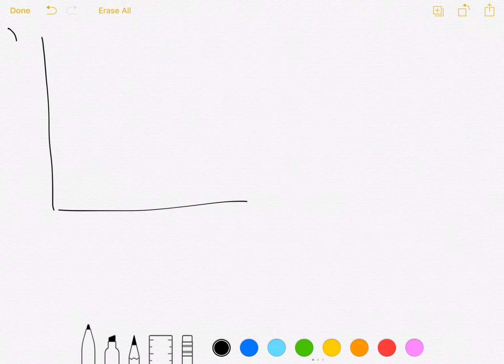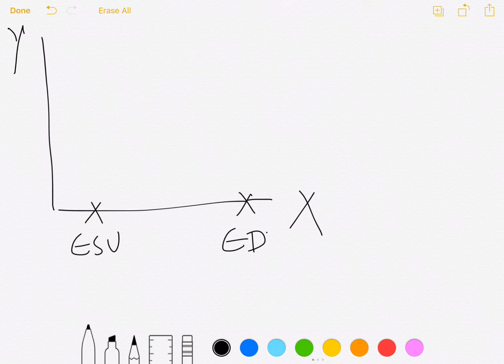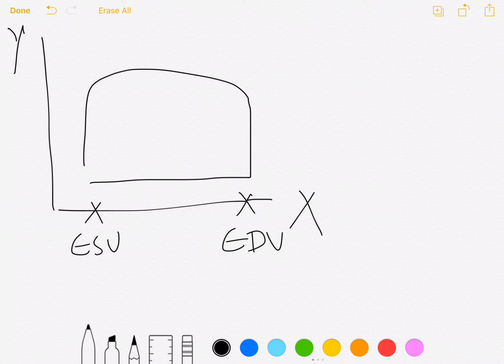Usually the y-axis will indicate the pressure inside the left ventricle, and the x-axis will indicate the volume inside the left ventricle. So at this point, this is the end systolic volume, and this will be the end diastolic volume, and roughly this will be the cardiac loop.